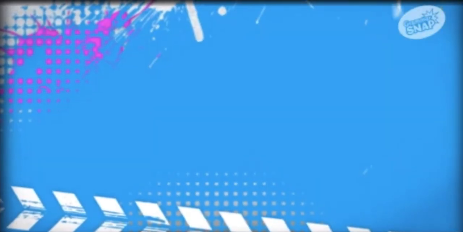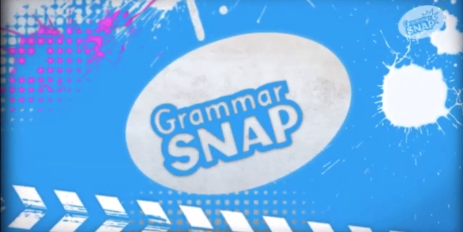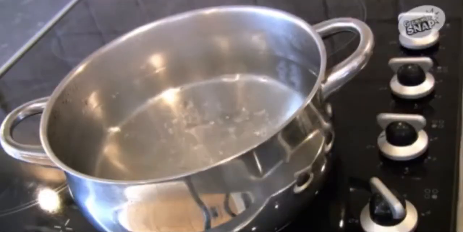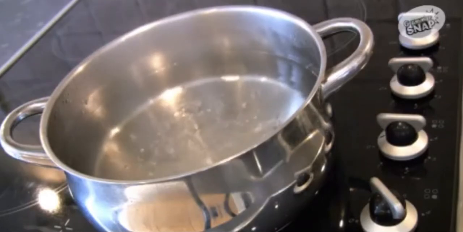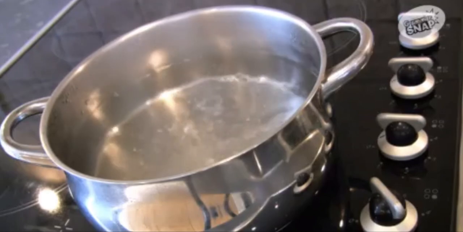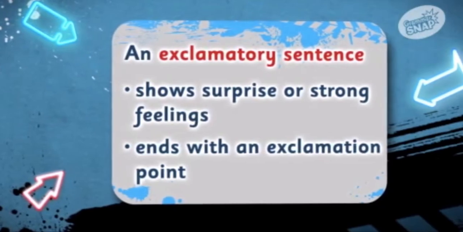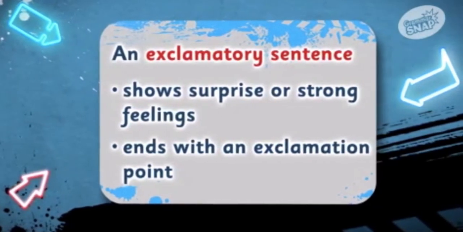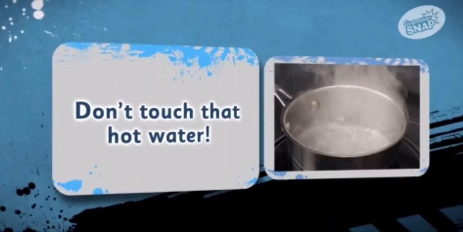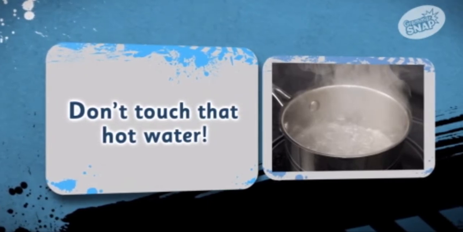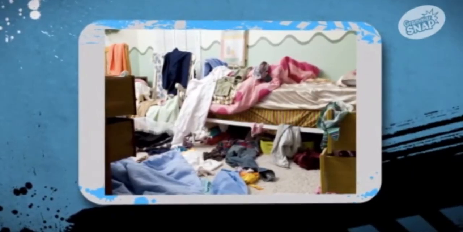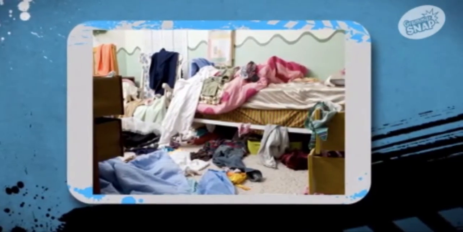Grammar. Snap. Don't touch that hot water. Please back away from the stove. These are two types of sentences. You can use different kinds of sentences to say different kinds of things. An exclamatory sentence shows surprise or strong feelings or emotion. They end with exclamation points. This is an example of an exclamatory sentence. See the exclamation point? Let's look at another type of sentence. Please pick up your dirty clothes.